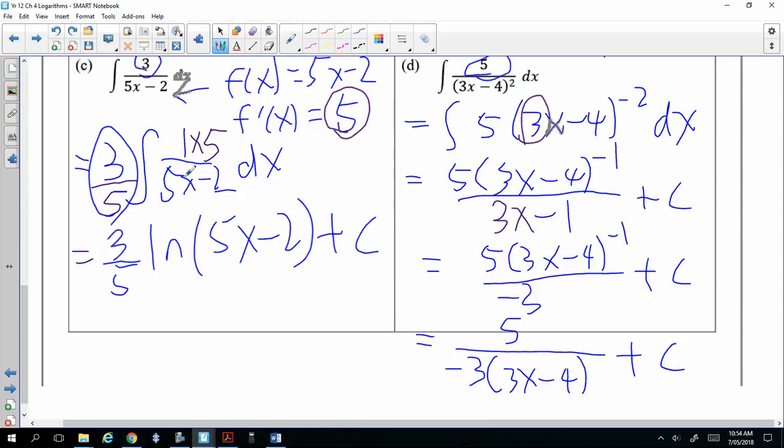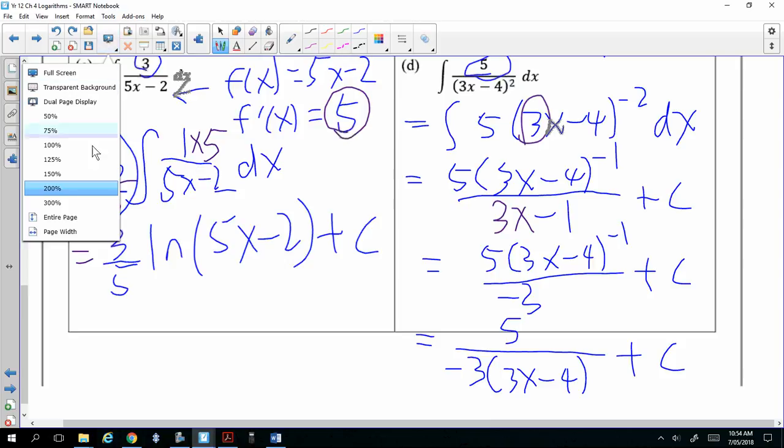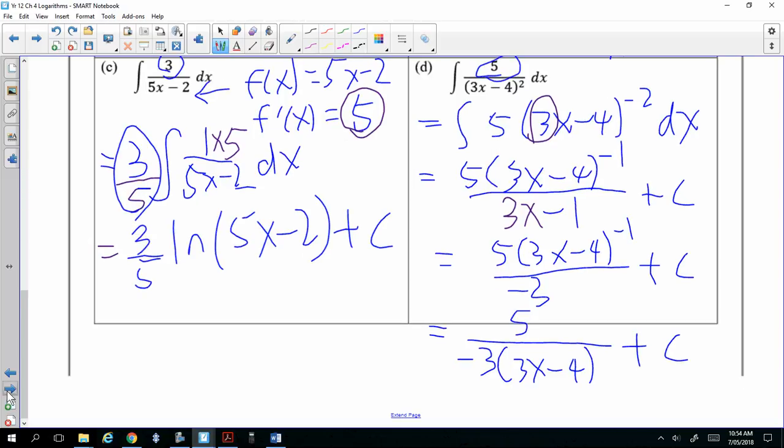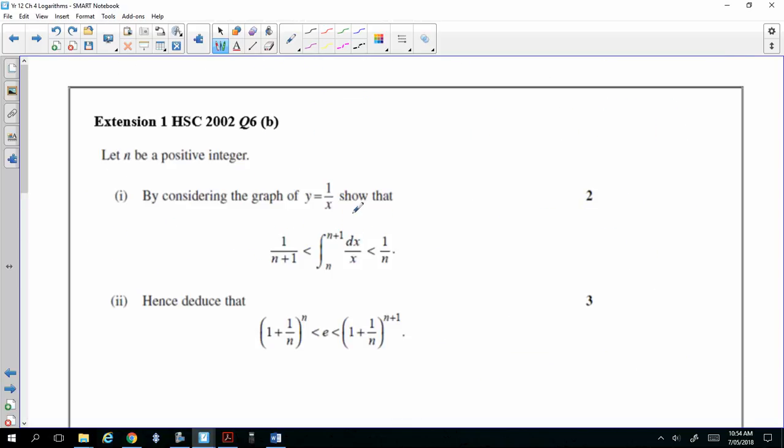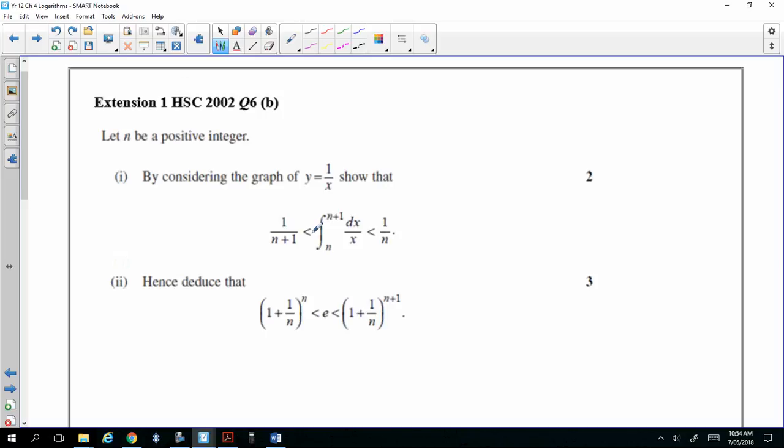Okay, so we're going to go to the next page. Alright, so this is from a 2002 exam, Extension 1. It's question 6, so it's the second last question, because the HSC is question 1 to 7, no multiple choice, so this is the second last question.